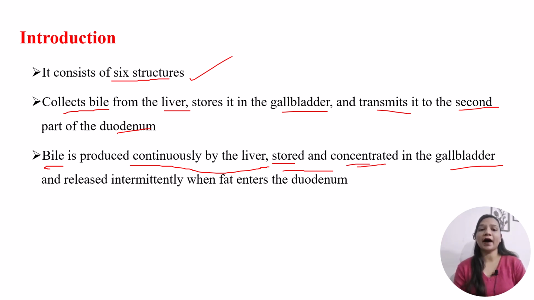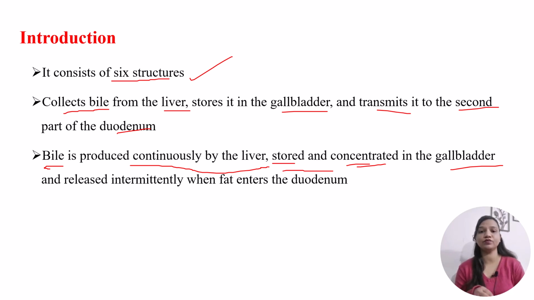The bile which is produced in the liver is initially dilute, and the structure of the gallbladder is designed in such a way that it is not meant for secretion but for absorption. So there is no secretion from the gallbladder.